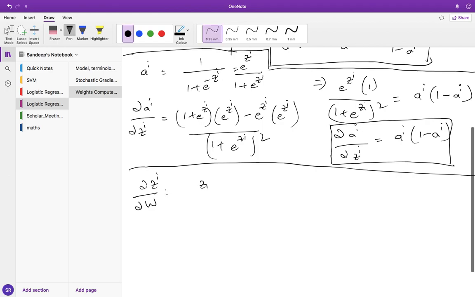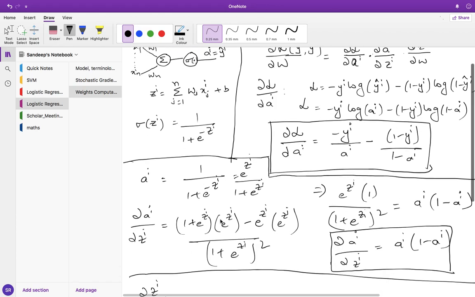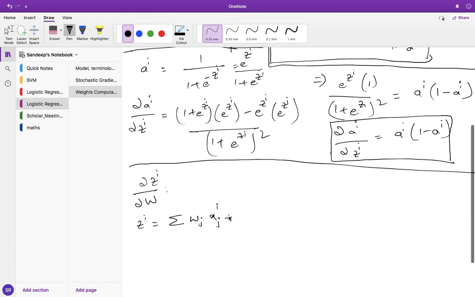First, let us write zi. So what is zi? zi is nothing but sigma wj xji. You can also include b, which I haven't done earlier, so sigma plus b.